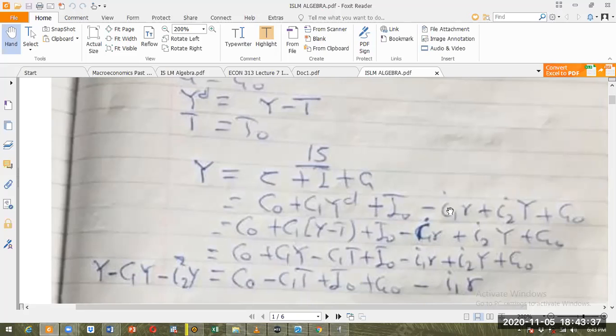We call it the I1, and then there's our interest rate. Then this is part of the variables that measure the income elasticity of investment. And then we have our government spending, which is G0. Okay, so that's what we have.